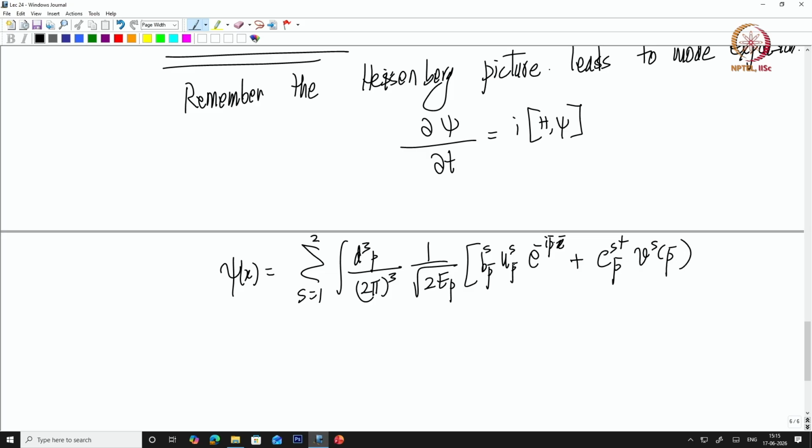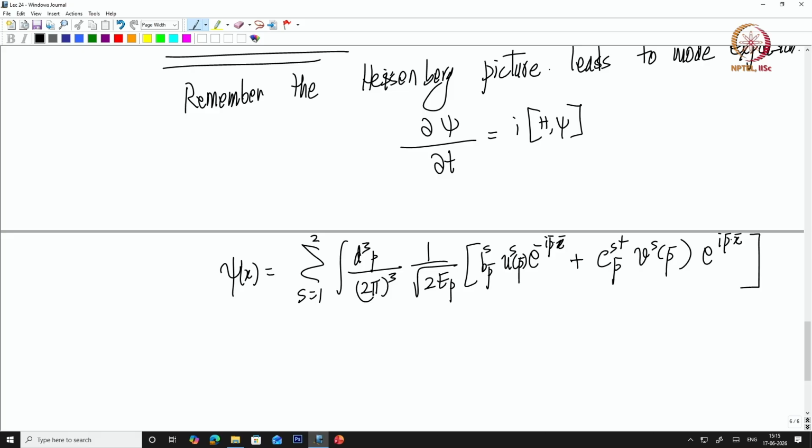Okay, let me use the same notation, u s of p, v s of p, then e power ipx. Okay, so this is a mode expansion. Now you want to put it back into the Heisenberg equation of motion.